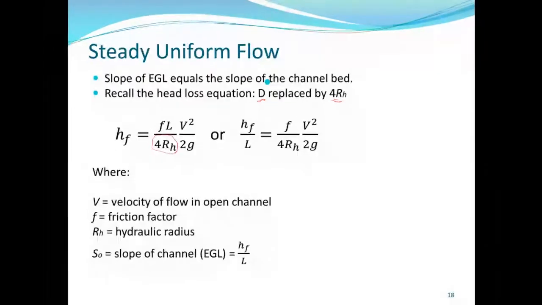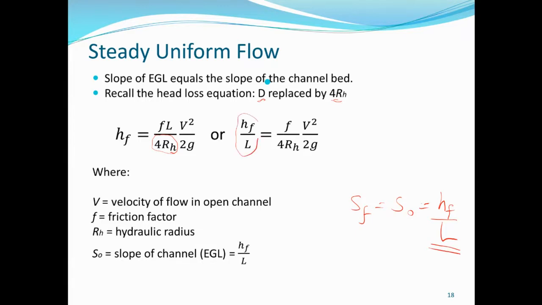So here the head loss per unit length is the bed slope, or actually the friction slope, which is parallel. This is called the friction slope S_F, which is equal to S naught for uniform flow. So S_F is actually the frictional head loss per unit length of the pipe. This we defined before, if you remember.